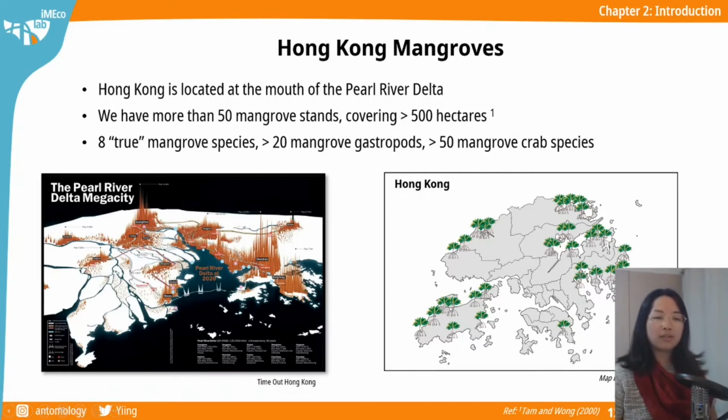So this is a good place to study plastic pollution. Even though Hong Kong is so small and thought of as a concrete jungle, there are more than 50 mangrove stands across Hong Kong that cover more than 500 hectares. And we have a decent diversity, with a good number of mangrove tree species and mangrove crabs and snails.